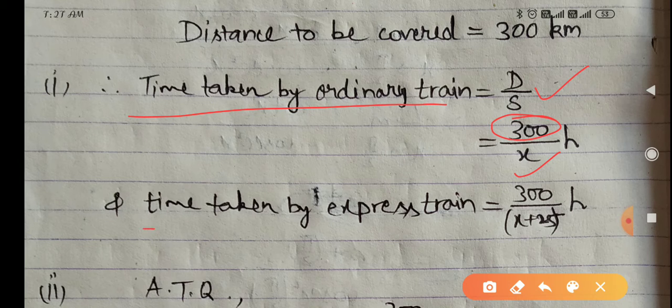In the same way, time taken by express train is 300 upon x plus 25 hours, because speed of express train is x plus 25 kilometer per hour. Now the first part is over.